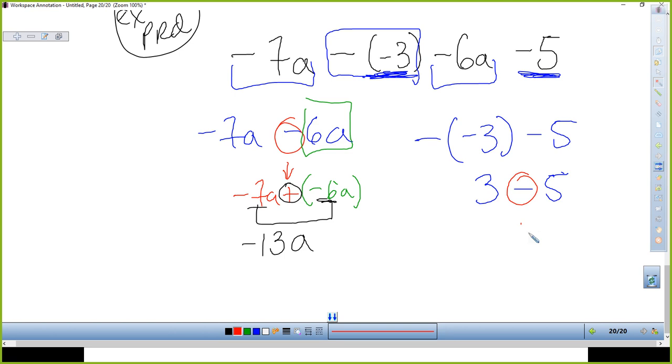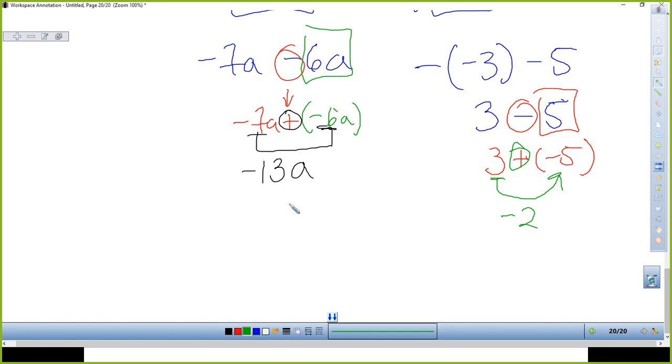Addition. First one stays the same. And what is the opposite of 5? Negative 5. Alright. So, addition, yes. 3 of these cancel 3 of those, and we're left with negative 2. So, we bring this one, negative 13a plus, and what is this one? Negative 2.